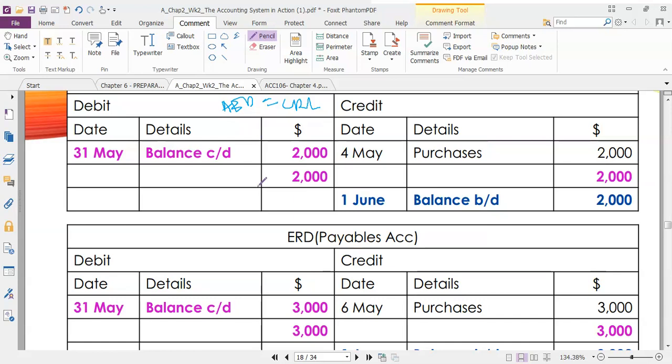Kalau dekat expenses tu, asal ada nama expenses ataupun paid, that is our expenses, the cost incurred by the business. Kalau receive means that revenue lah. Revenue we have sales and another revenue, for example, commission receipt. That you must know.